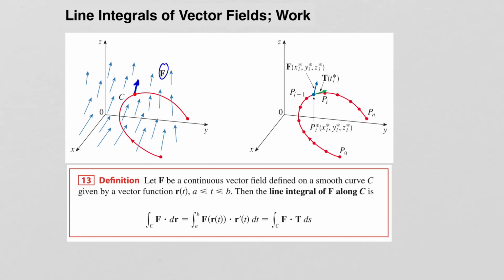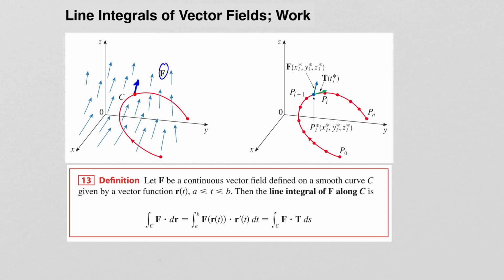We define this to be the integral of the dot product of the vector field function with dr, where r of t is simply the curve C written as a vector function. So this is the integral from a to b of the vector function of r of t, dot product with r prime of t times dt.